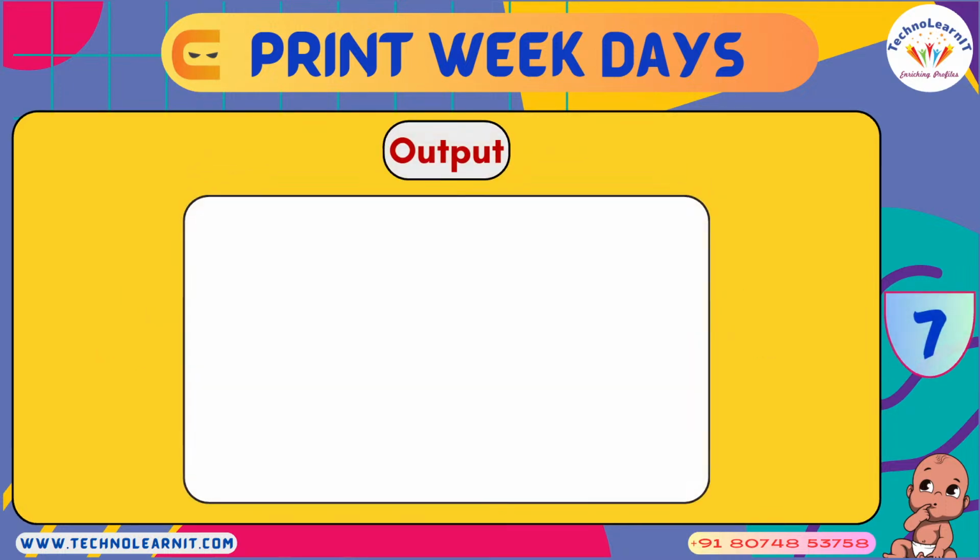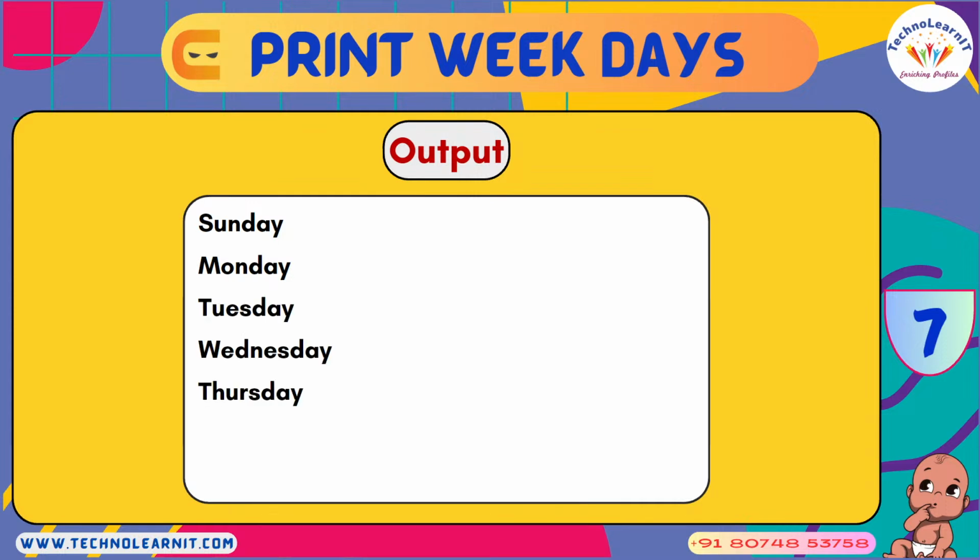Here is how the output should look. You see the weekdays printed one on each line, so each weekday is printed on its own line. This is the expected output.